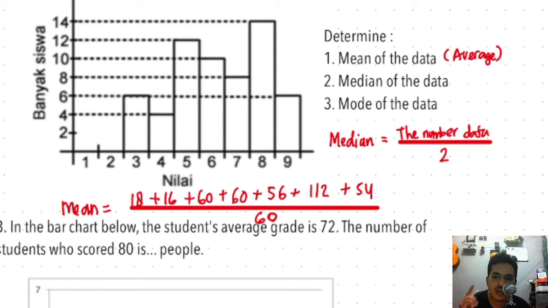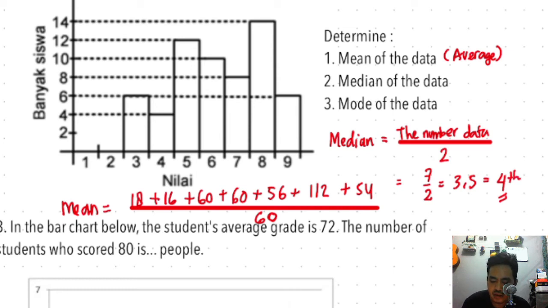For example, we have 7 data, so 7 divided by 2, and the answer is 3.5. It means we need to round up to become 4. Okay, so the median is the 4th data.